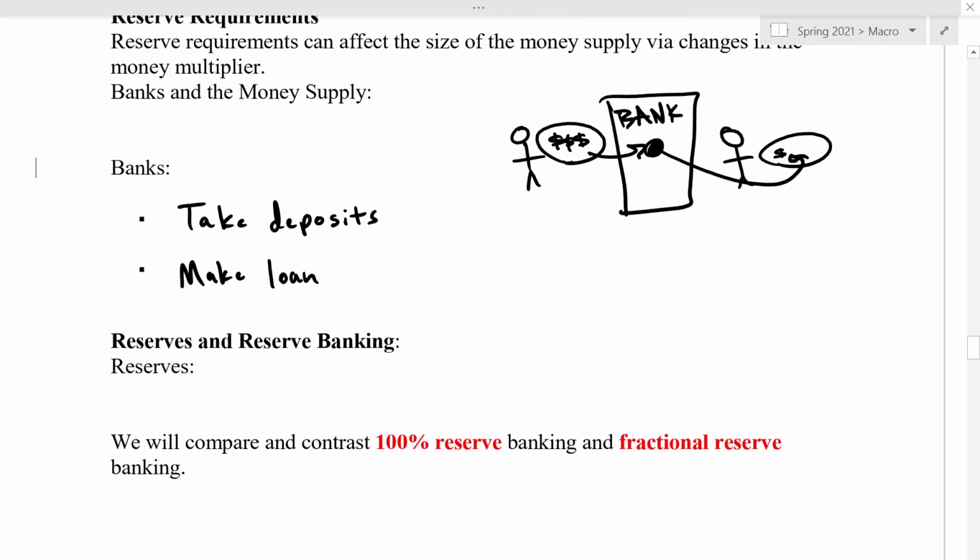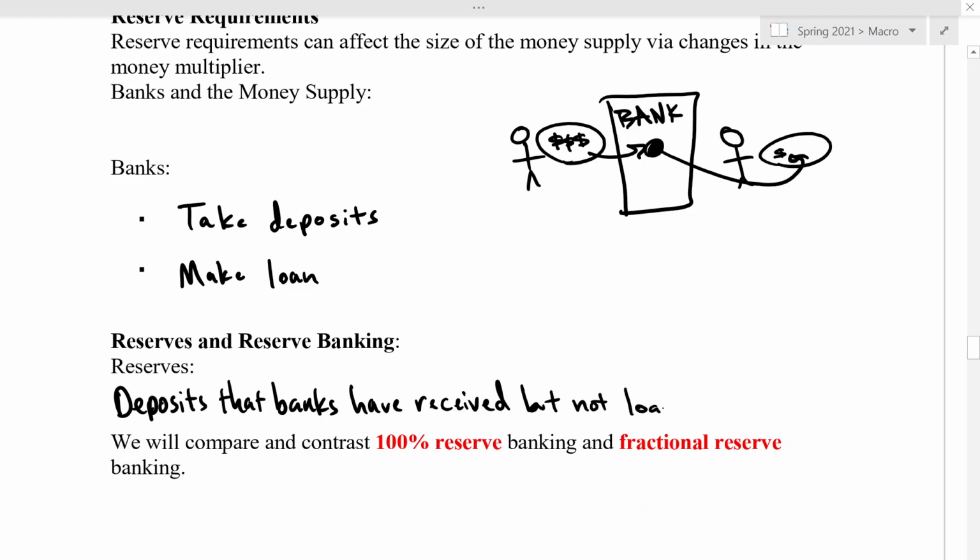So, again, what are reserves? These are deposits that banks have received but have not loaned out. Right?